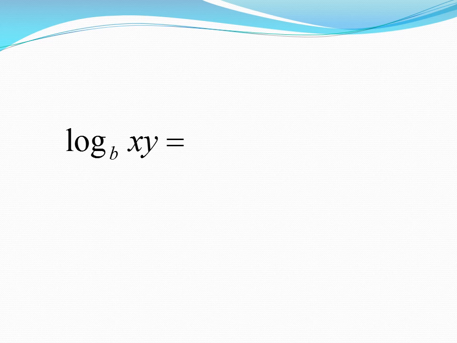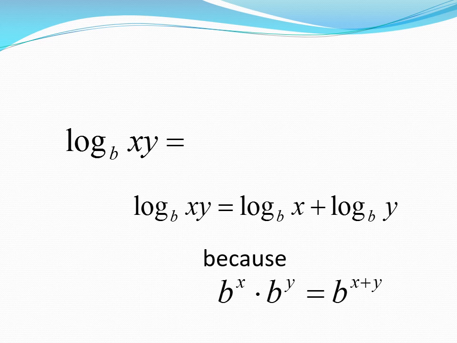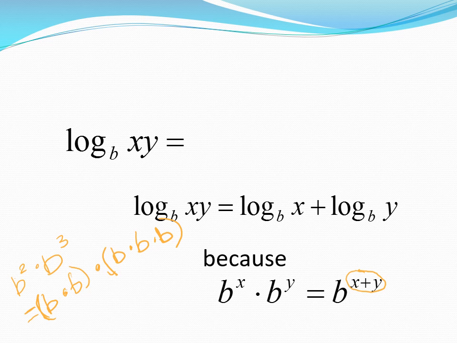Log base b of x times y. Okay, so for this, think about exponent properties. So if you have b to the x times b to the y, the shortcut is that you could just add those powers together. Because, for example, if you have b squared times b to the third, you have b times b from that b squared, times 3 b's from the b cubed, and you end up just being able to add the exponents.